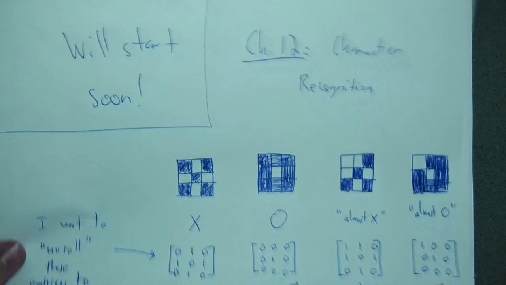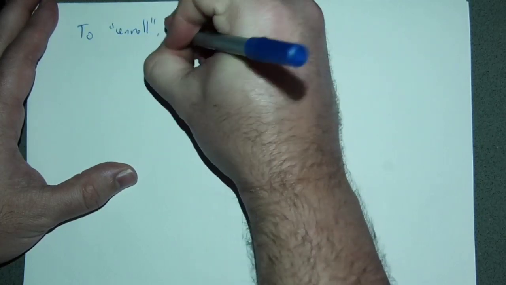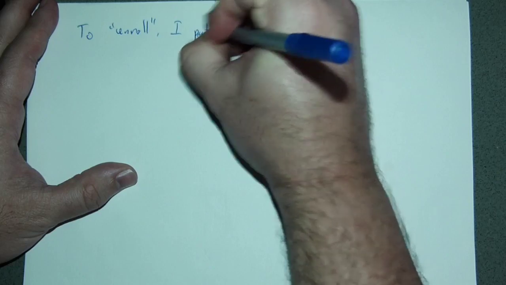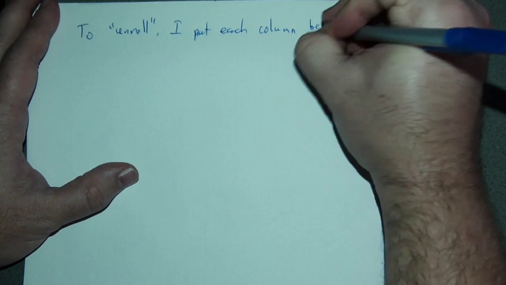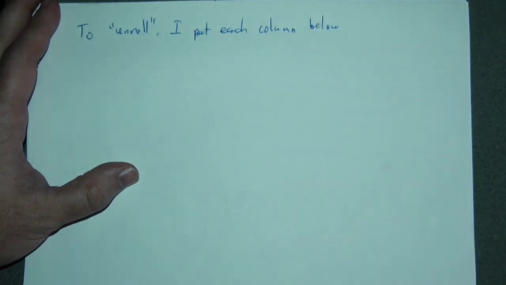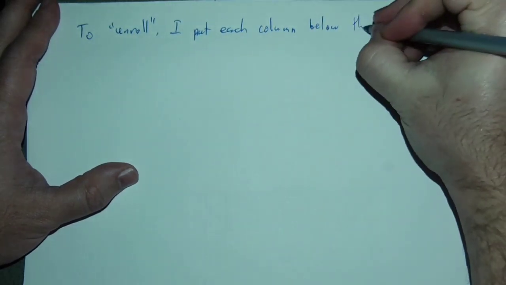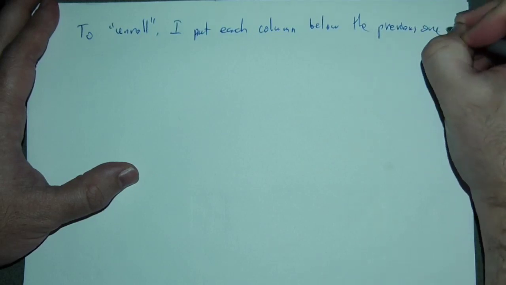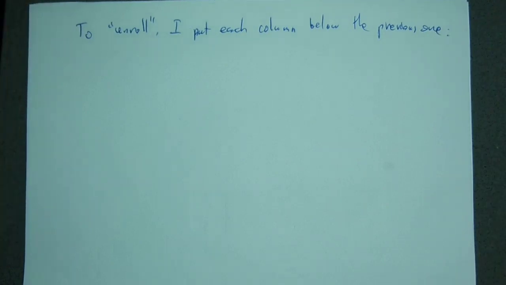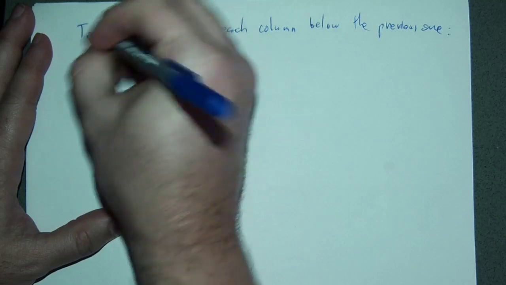So to unroll, I put each column below the previous one, and so I get vectors.